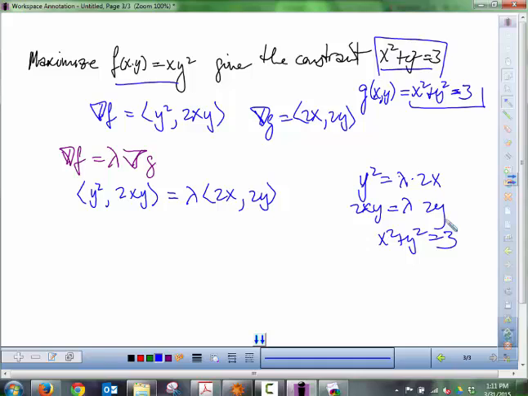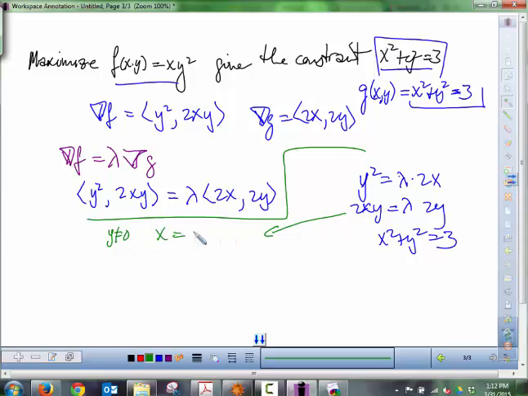And if y was equal to 0, I'll have to set that aside as a special case. So let's try to solve for this, and let me start with that. That's not always the best place to start. But as long as y does not equal 0, I can do this. x is equal to lambda.